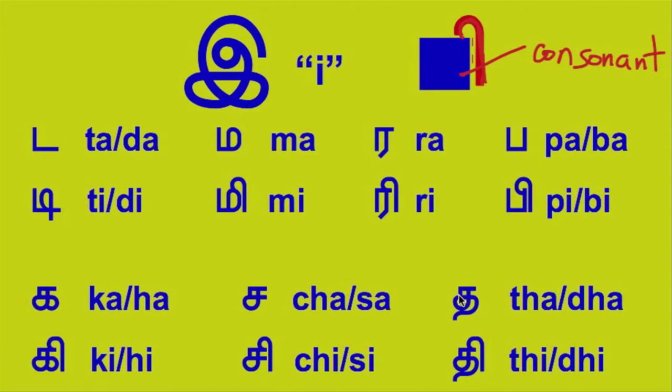So ta or tha becomes thi, cha or sa becomes chi or si, ka becomes ki, pa becomes pi, ra becomes ri. And you can see you just add this candy cane type symbol to the top right corner of each consonant. The only exception is the ta-da letter, which becomes ti. There is no top right corner of this letter, so they just add it to the bottom.